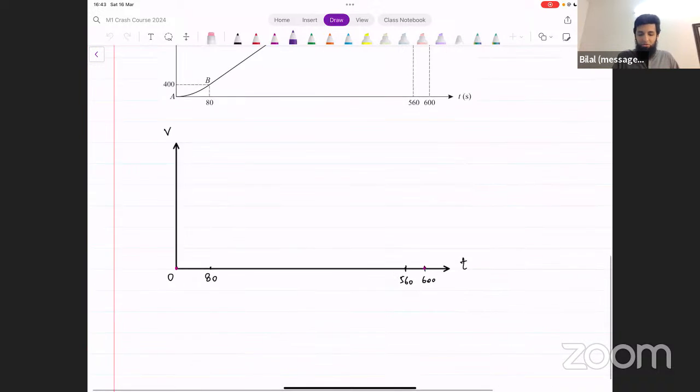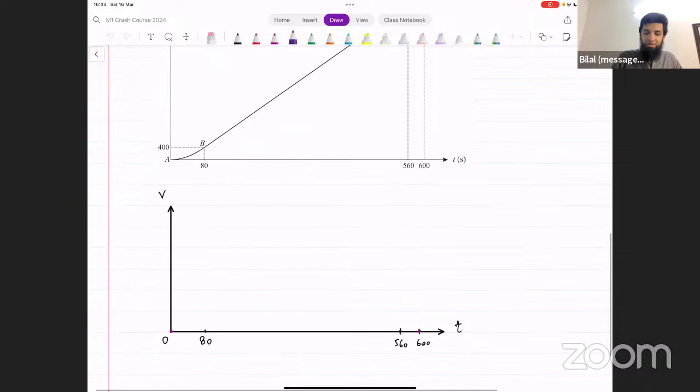Okay, so from 0 to 80 seconds, the car reaches some velocity. We don't know what that velocity is. Let's say that's this point here. This line is going to be a straight line because the gradient is constant. That's what we understand from this.